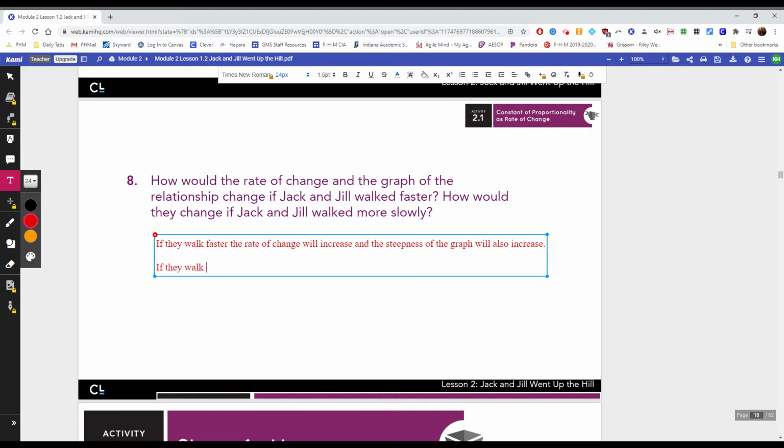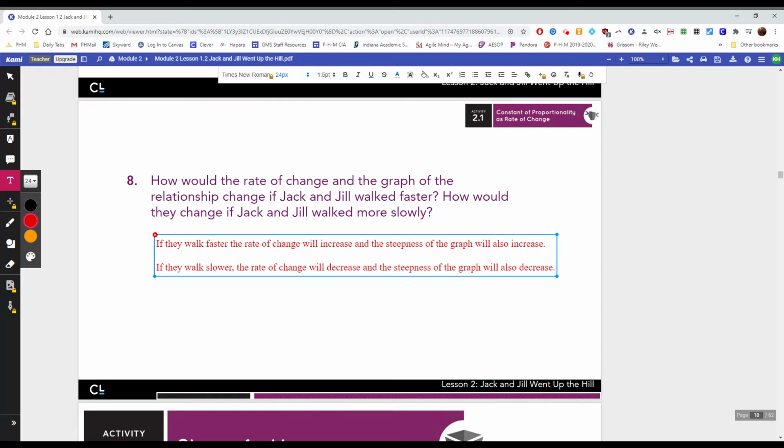If they walk slower, the rate of change will decrease and the steepness of the graph will also decrease.